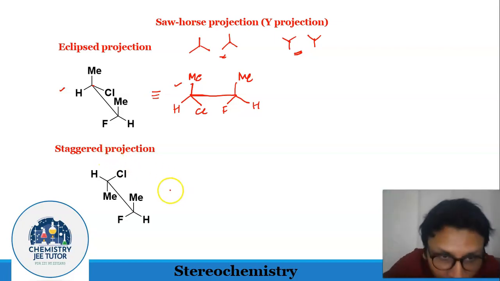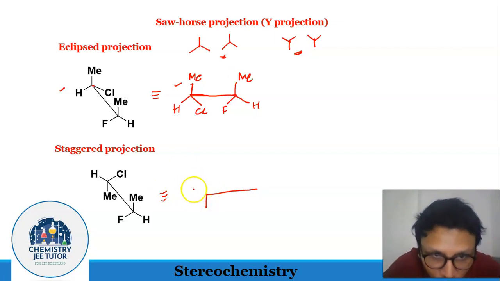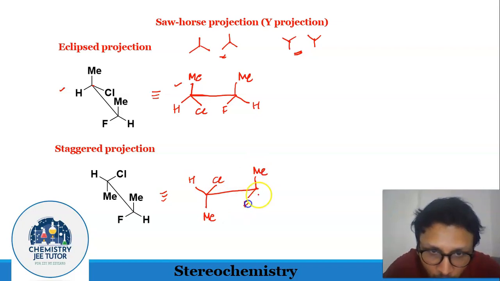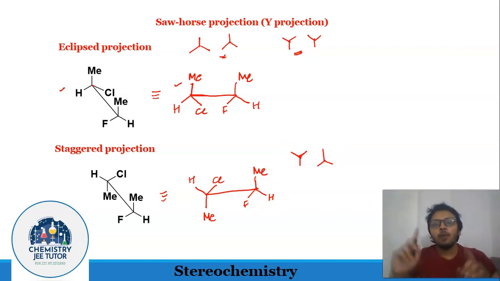See this. I'll draw this in the straight view sense. So in this case, one of the Y's is in this shape. Here is the methyl, hydrogen, chlorine, and another Y is pointing downwards. One of the Y's is pointing upwards like this, and another Y is pointing downwards.